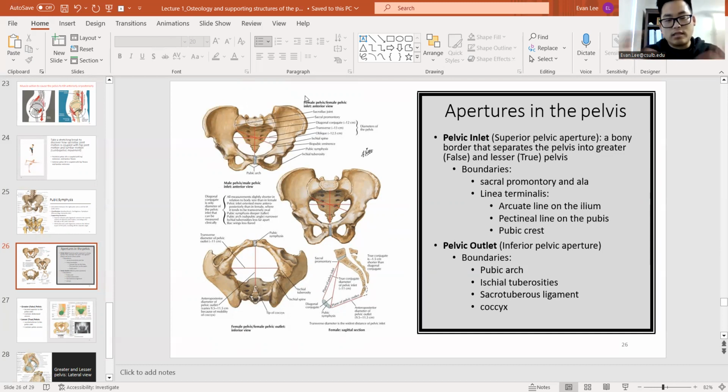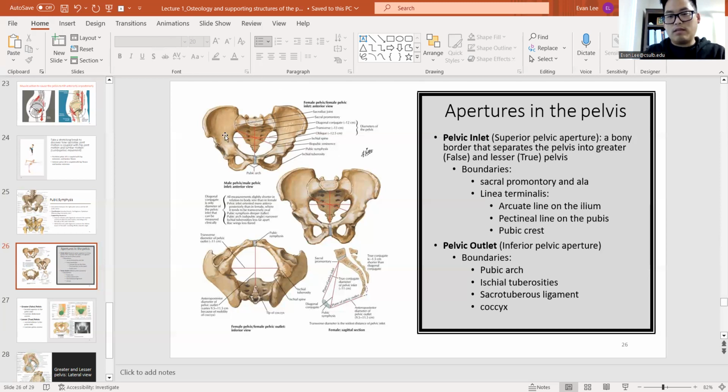But there's actually a subdivision within here as well. You can consider the opening all the way over here along the outer edge with the iliac crest, or you can consider the opening right here where you can see the actual space going through it.